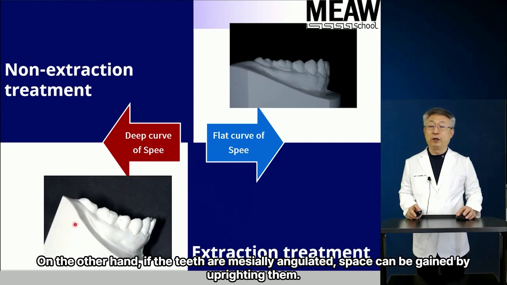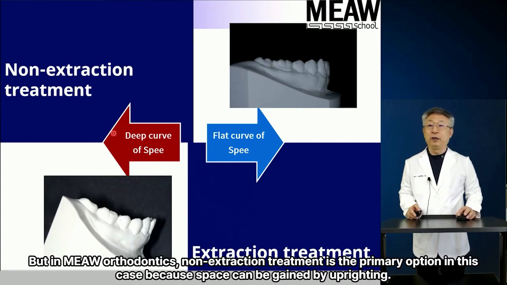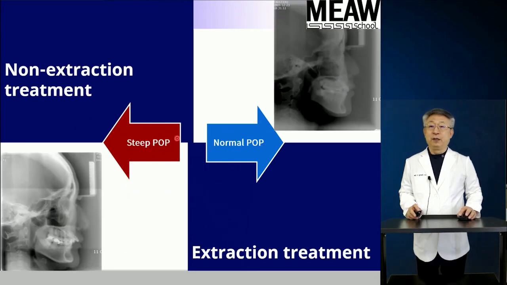On the other hand, if the teeth are mesially angulated, space can be gained by uprighting them. In conventional orthodontics, deep curve of SPE is usually an indication for extraction treatment. But in MEAW orthodontics, non-extraction treatment is the primary option in this case, because space can be gained by uprighting.